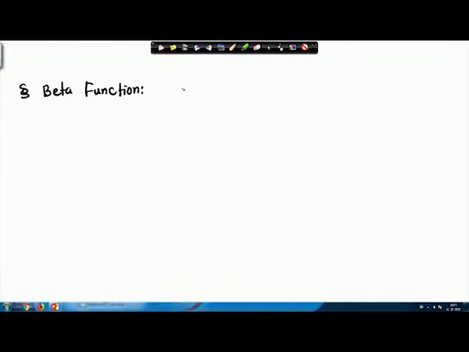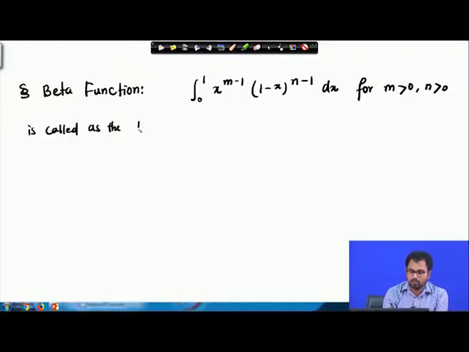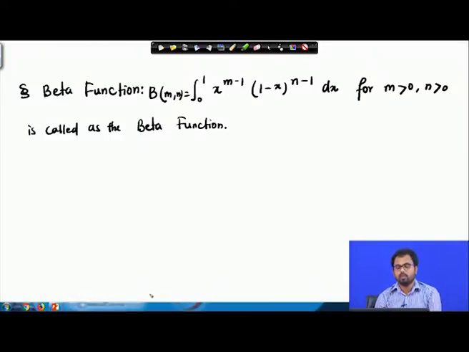An integral of type 0 to 1 x to the power m minus 1 times 1 minus x to the power n minus 1 dx, for m positive and n positive, is called the beta function, and it is denoted by B of m comma n equals integral 0 to 1 x to the power m minus 1 times 1 minus x to the power n minus 1.